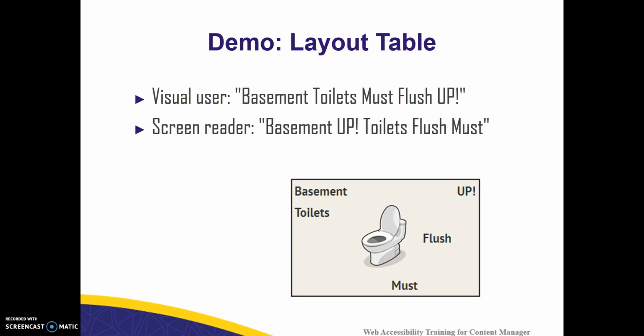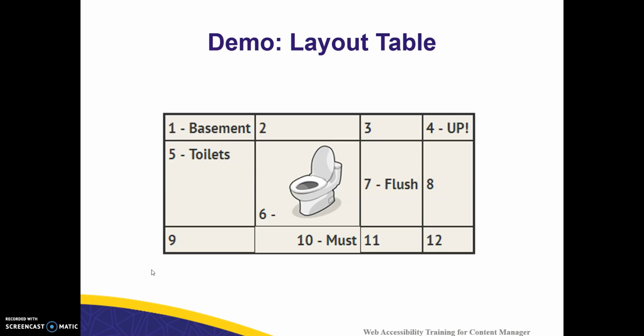And the reason why is because a table used for layout is still defined within the cells, and there are certain orders to follow. You can see the cell 1, 2, 3, and 4. It goes from left to right, top to bottom. So that will be the order it reads in the screen reader.